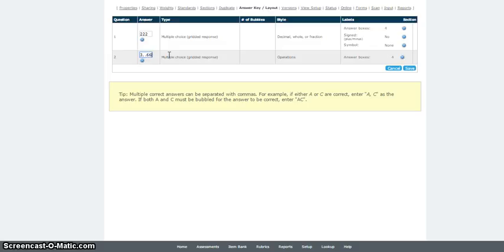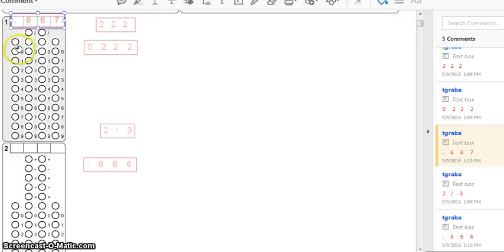So then I also would accept 0.667, the rounded version, comma, the truncated version. You put those in as all possible answers, and the system will recognize that if any of those are put in, then it will be correct. So that's how you can set up one of the graded response questions, so that way it turns out to look like this with the answer choices of 2/3, 0.666, or 0.667 all as being accepted.